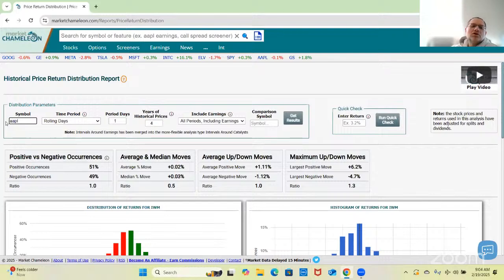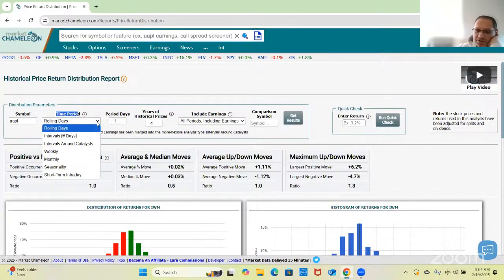Type in Apple, change the symbol, and we have a time period here, by default rolling days. But let's just say we drop it down and, just to make it easier, we want to look at Apple's weekly returns. So this will measure week by week.